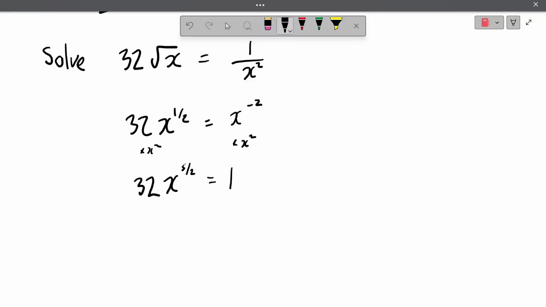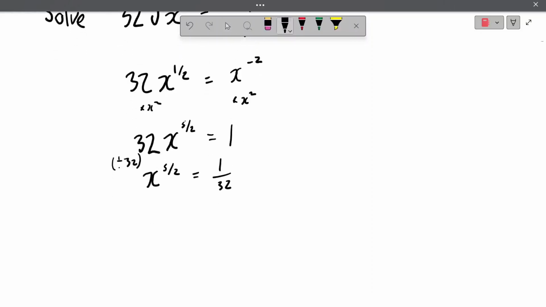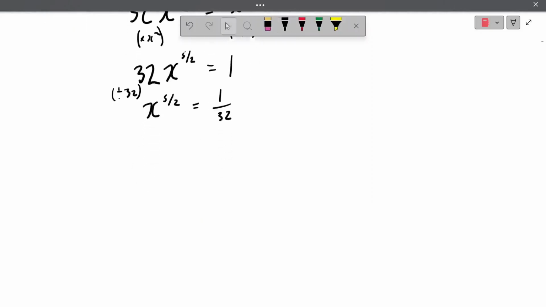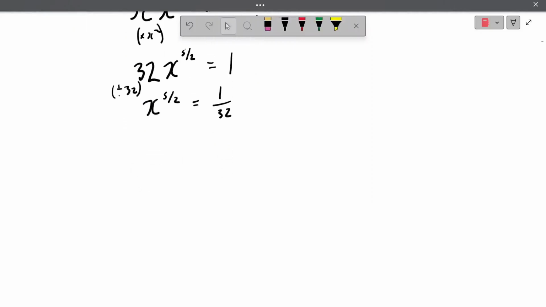What we can then do is get rid of this 32 by dividing. So we end up with x to the 5 over 2 equals 1 over 32. So we just divide both bits by 32. What we then need to do is get rid of this power. And we get rid of the power by doing the reciprocal power.